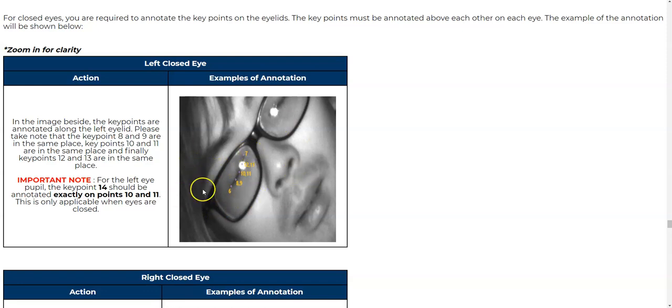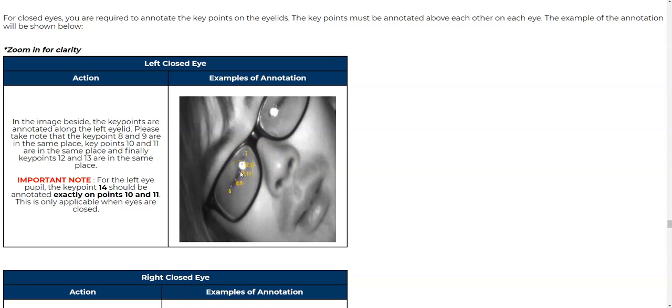Alright, so in this image, we can see key points 6 and 7. Key point 6 would be on the furthest left of the eyelid. Key point 7 would be the furthest on the right of the eyelid. 8 and 9 are placed on the same place.